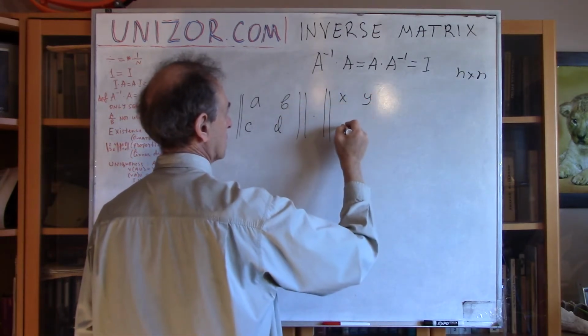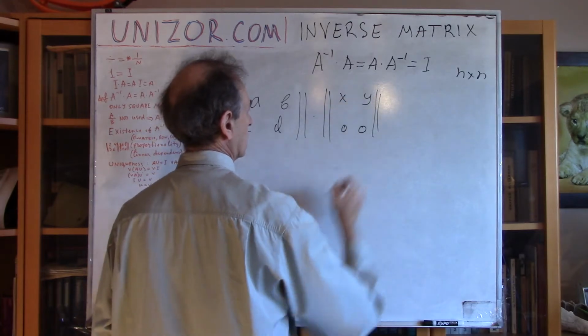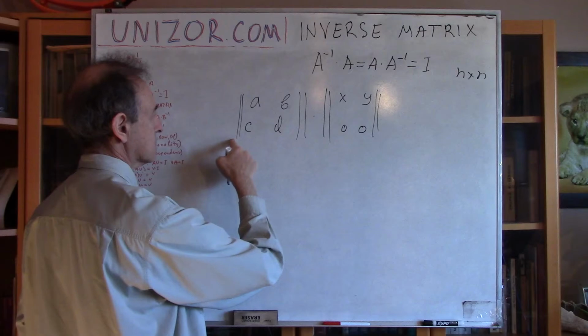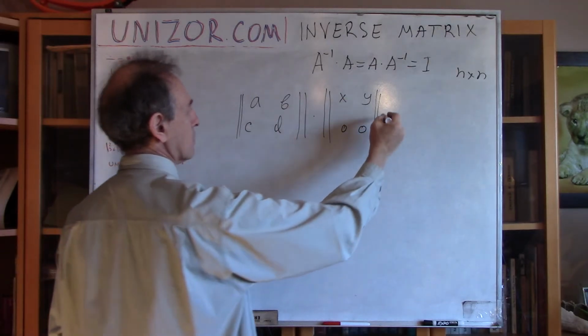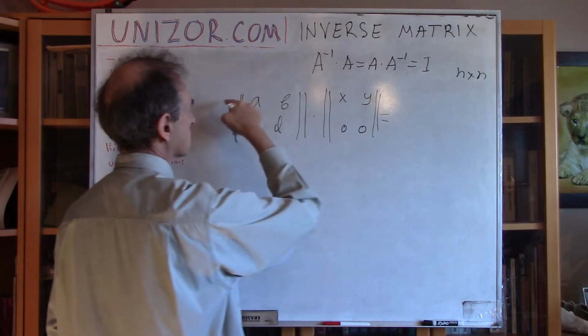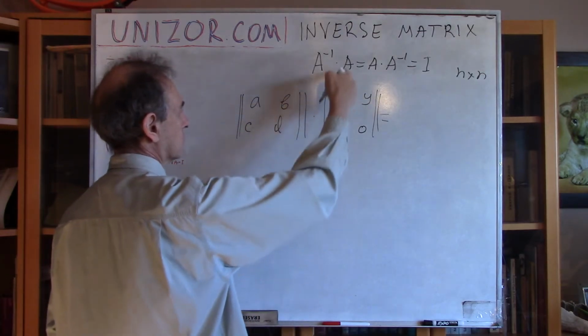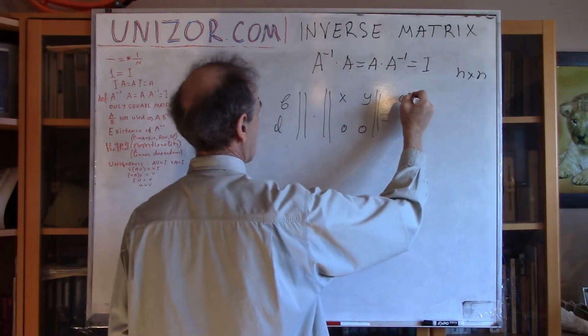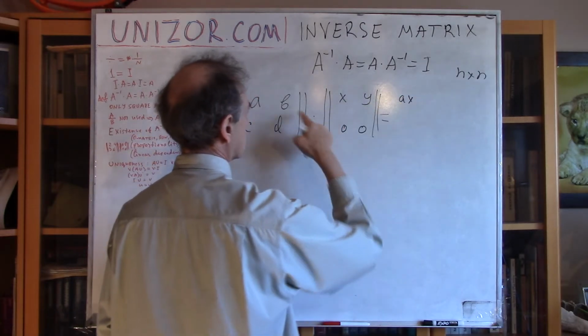For instance, you have a matrix A, B, C, D, and you multiply it by x, y, 0, 0. Now, what would be the result? This is 2 by 2, this is 2 by 2, so the result will be a 2 by 2 matrix. The element 1, 1 is the first row multiplied by the first column, which is ax plus b0.